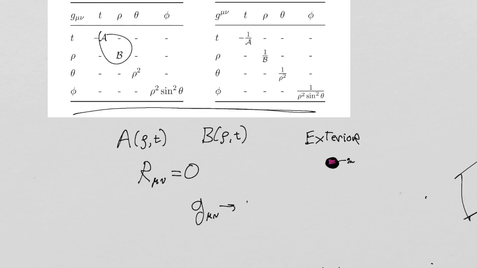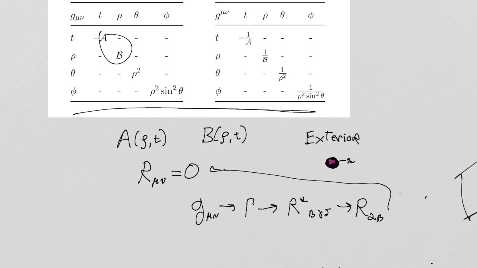We're going to produce the connection. From the connection, we are going to produce the curvature tensor. From that, we're going to produce the Ricci tensor. And from the Ricci tensor, we're going to create that equation. And in the end, we're going to have differential equations for A and B that we better be able to solve.